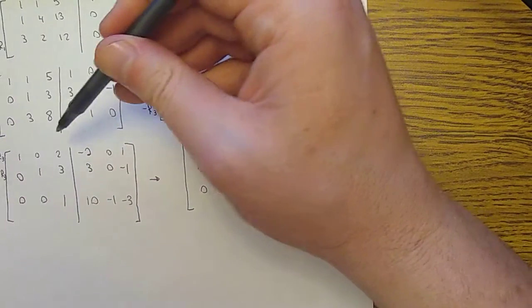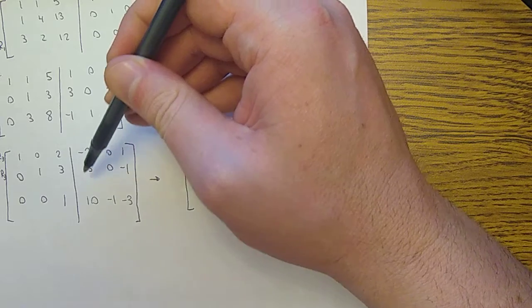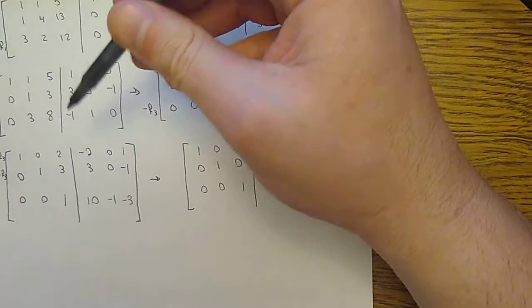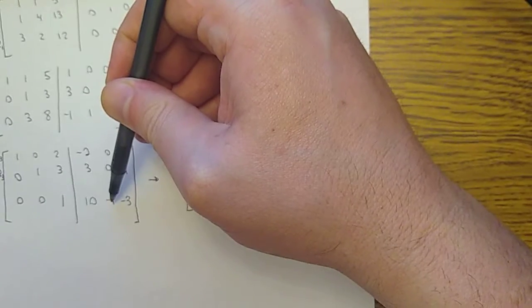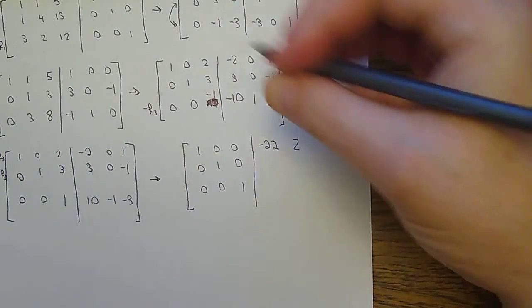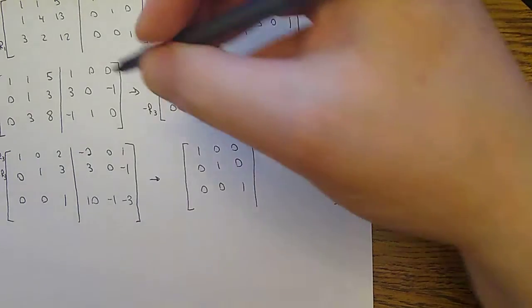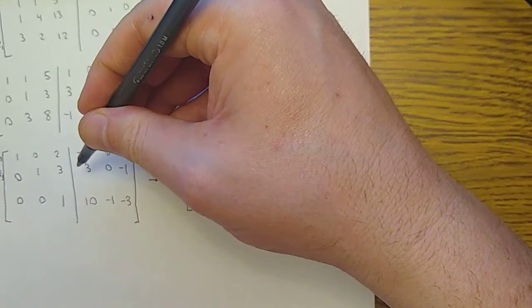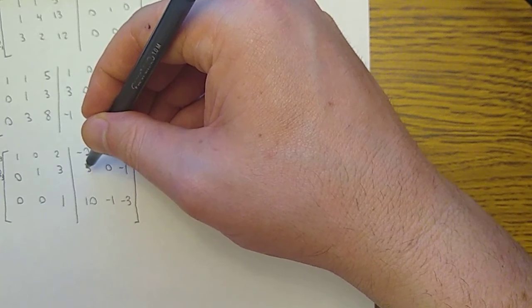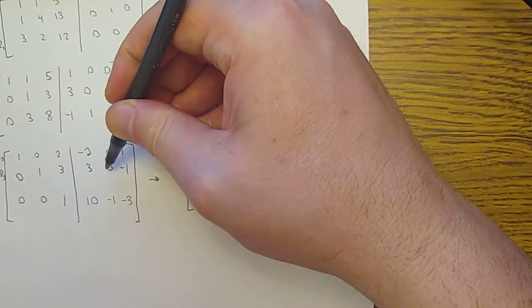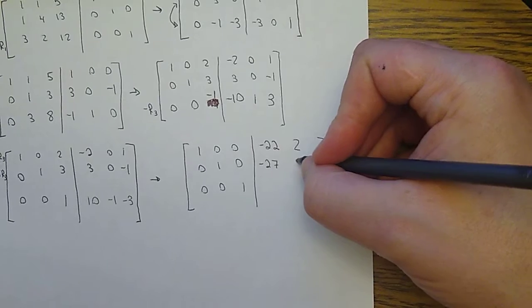On the right, I just have to do it. So negative 2 minus 2 times 10. And then 0 minus 2 times negative 2. 1 plus 6. 3 minus 30. 0 plus 3.